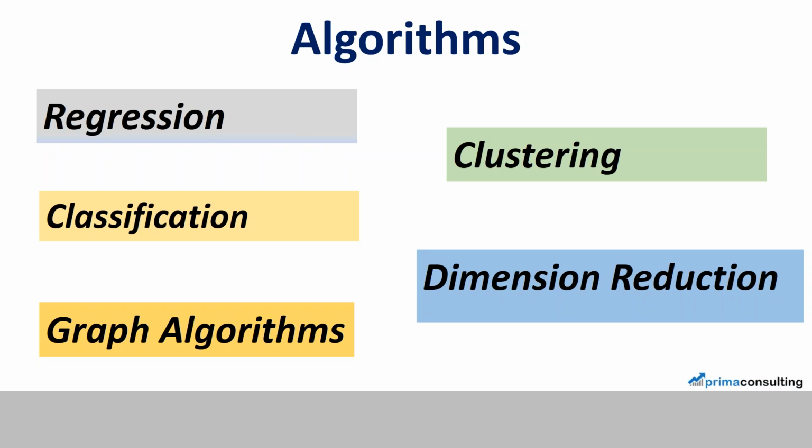Clustering, we just looked at a clustering problem where we try to group customers based on their daily usage profile. Dimension reduction is when you have lots of variables and you want to only pick, say, the top 20 variables which have the most predictive power of predicting something. Then you want to reduce the number of variables. So that's common dimension reduction.